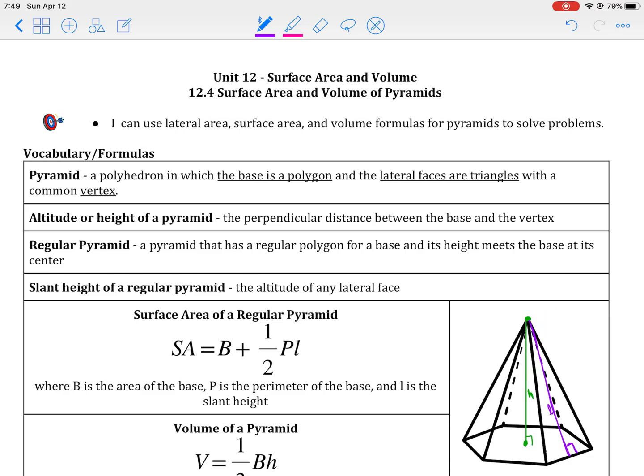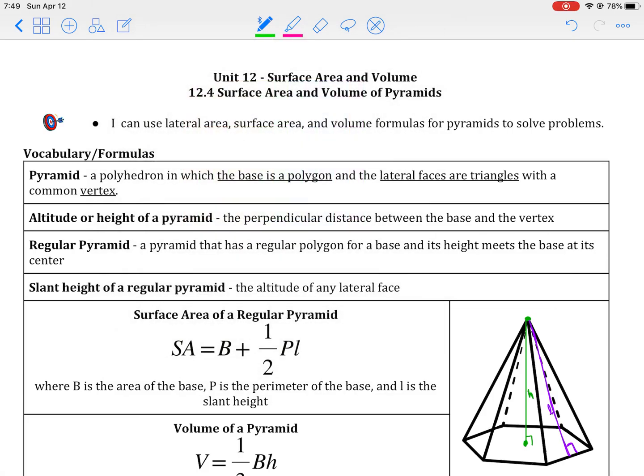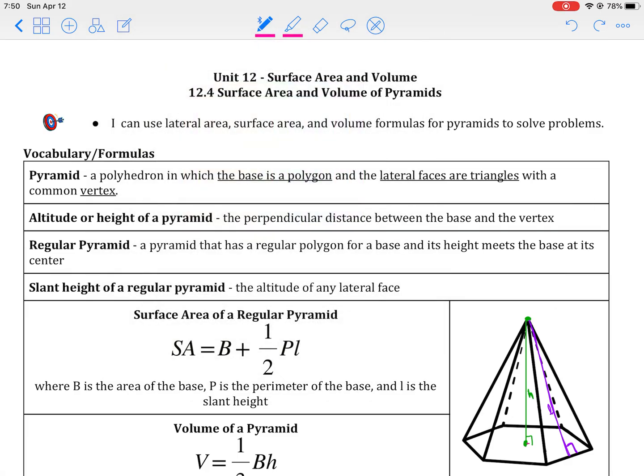another way that you can find one of those, if you don't have anything else, and this is something that we'll need to find the area of the base as well, is this apothem length. Let me use a different color here. From that center out to the midpoint where that slant height is coming down, that's going to form a right triangle. So this would be the apothem.